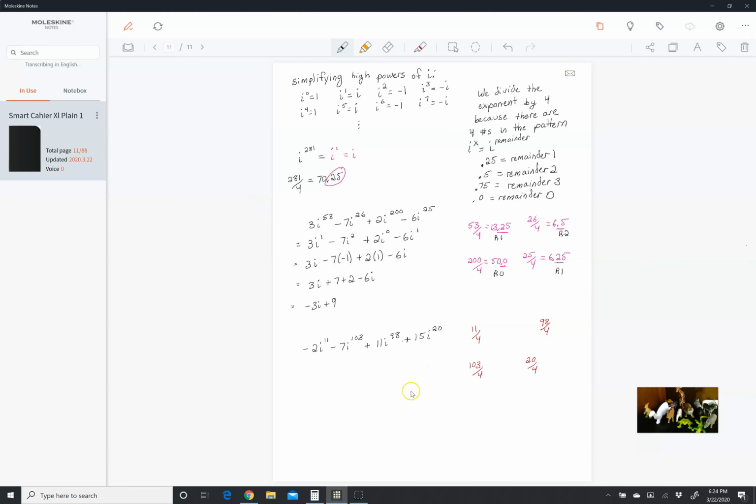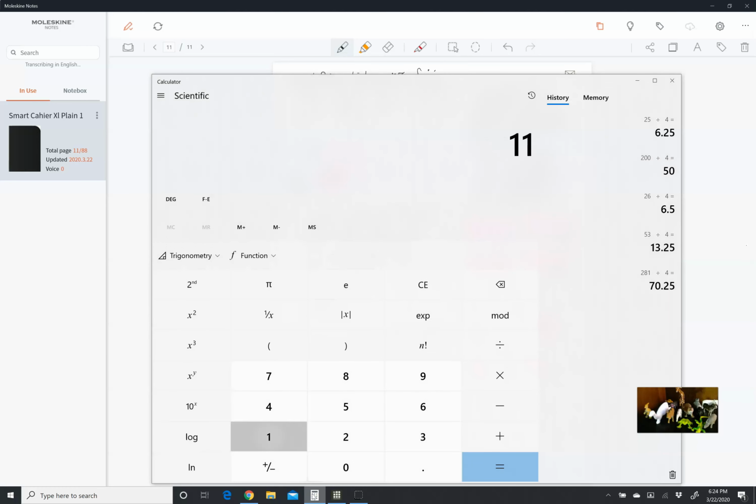And we can just go to our calculator, look that up. 11 over 4, some of you can do this in your head, but I'm having it here for you, is 2.75. 103 divided by 4 is 25.75. 98 divided by 4 gives you 24.5. And 20 divided by 4 is 5.0.